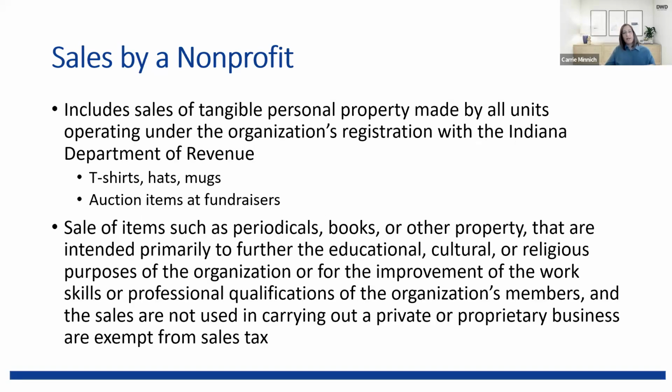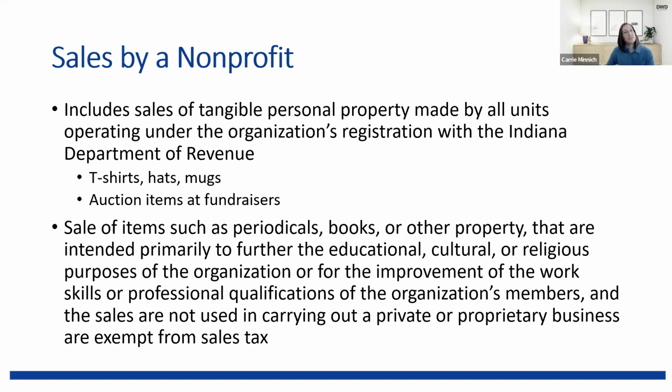Now, when we're talking about sales of tangible property, we're talking about all sales made by all units of the organization. So this includes your sale of your t-shirts, your hats, your mugs that have your logos on it. Those are tangible items. Now, one other thing that nonprofits sell are tangible items at fundraisers.